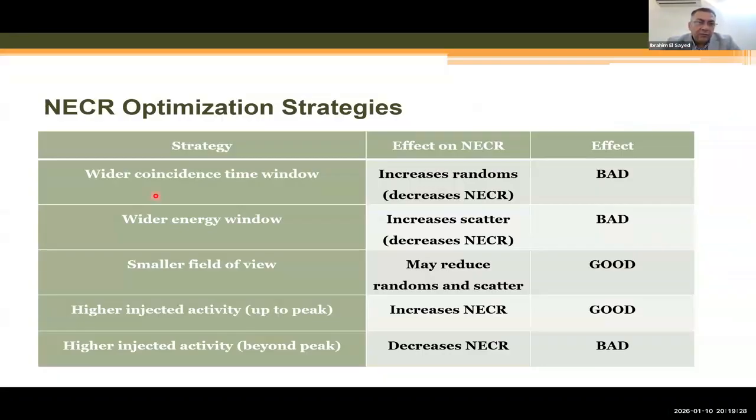If we make the time window wider, it will increase random, and this is bad. A wider energy window will increase scatter, and this is also bad. A smaller field of view may reduce random and scatter, and this is good. Higher injected activity up to the peak increases NECR, and this is good. Higher injected activity beyond the peak will decrease the NECR, and this is bad.